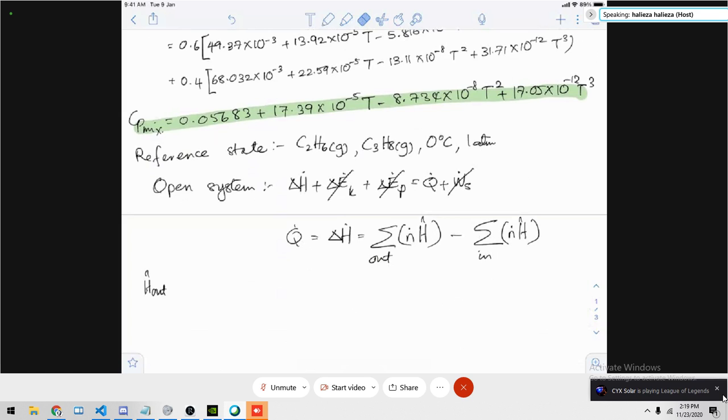Your delta H is equal to your outlet minus inlet. Your inlet just now we said is going to be 0. So you end up with just the enthalpy of the outlet. And that is going to be an integration of your Cp for that mixture with respect to temperature. So what is the starting temperature for the integration?